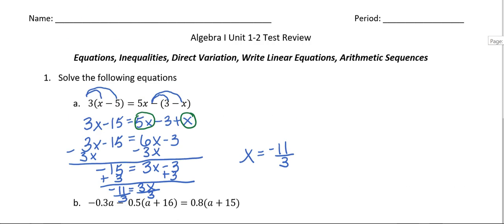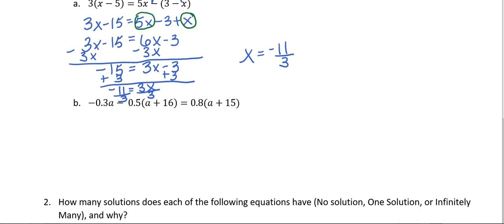Okay, looking at B. Again, I'm going to start by getting rid of my parentheses. So I'm going to take negative 0.5 and multiply by a and 16. So I still have negative 0.3a.